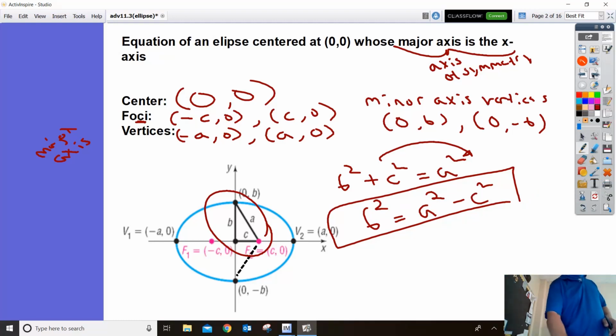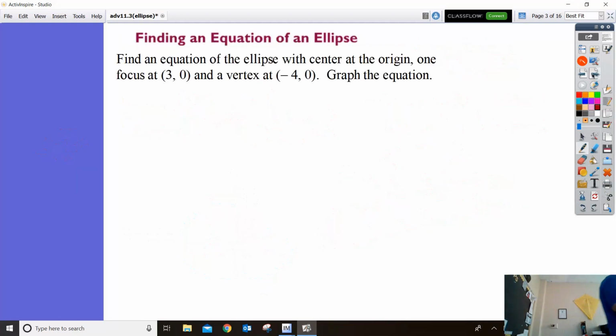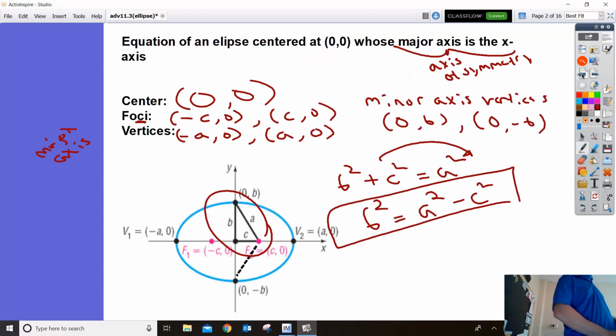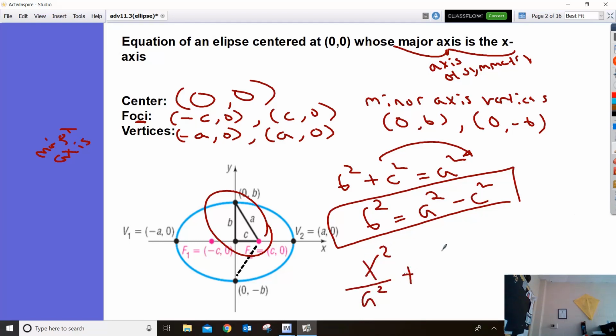All right, so let's graph our first ellipse. Find the equation of the ellipse, the center at the origin, one focus at 3, 0, and a vertex. Oh, I didn't tell you something else, did I? I never even gave you the form you needed. X squared over a squared plus y squared over b squared is 1.